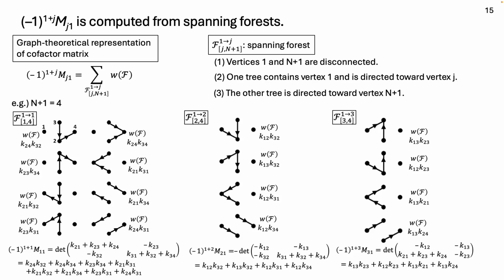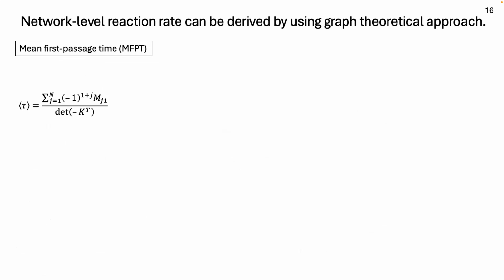So using these subgraphs, using spanning forests, you can obtain this cofactor matrix. And finally, what we want to know is the mean first passage time.